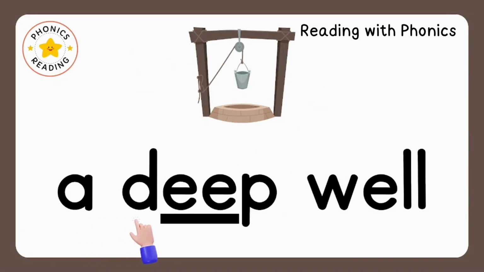A deep. Ee is a digraph. L. Well. Double letters make only one sound. A deep well.